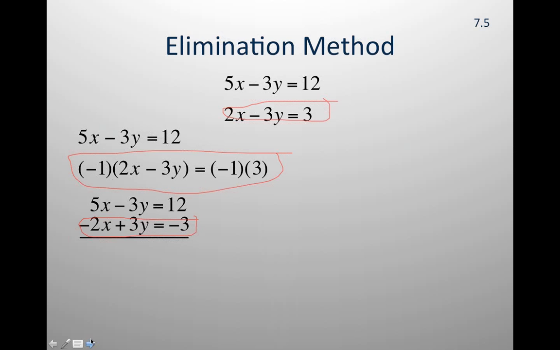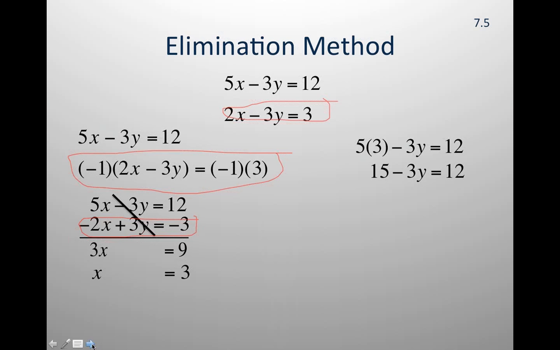From here, the y's will cancel out. 5x minus 2x is 3x, and 12 minus 3 is 9. From here, we'll divide both sides by 3. x equals 3. So we'll plug those values in. For the top one, we can just say 5 times 3.